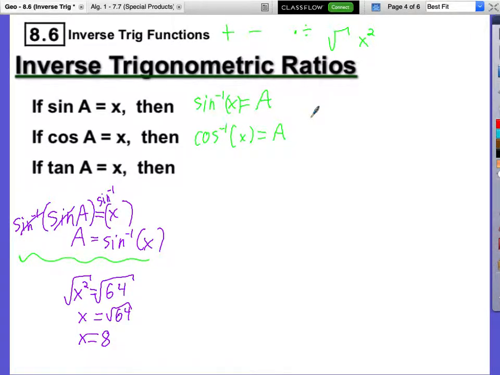Just like we took the inverse sine of both sides, we would take the inverse cosine and do the same process. And if tangent of angle A is equal to x, then the inverse tangent of x is equal to angle A. Once again, this is pronounced inverse tangent. Don't say tangent to the negative first, it's inverse tangent.